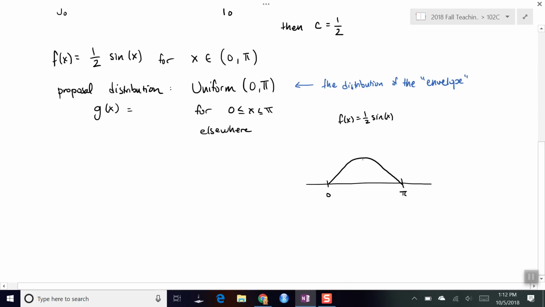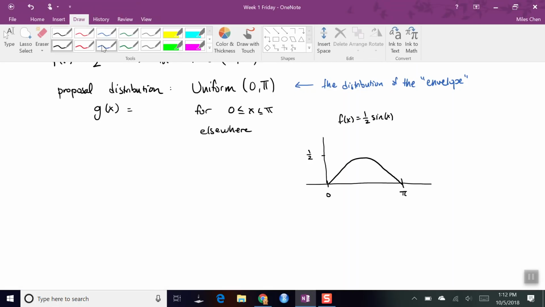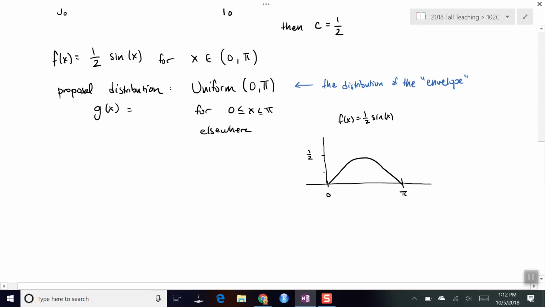It looks like this, and what's the height of this? 1/2, right? And if I graph g of x, what do I have? 1 over pi comes along here, okay? So this is kind of the graph of g of x. And f of x is 1/2 sine of x, okay?